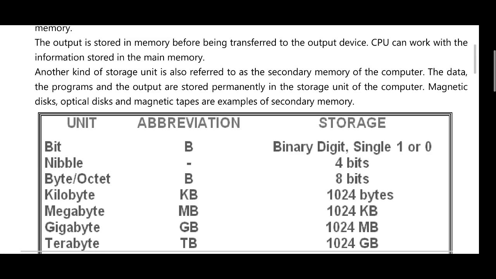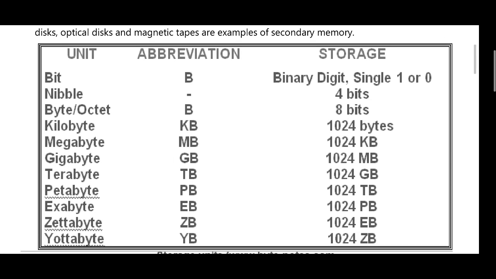The units of calculation and storage: bit, binary digit 0 or 1. The nibble is 4 bits, and the byte is 8 bits. We know kilobyte KB, megabyte MB, gigabyte GB, and TB.